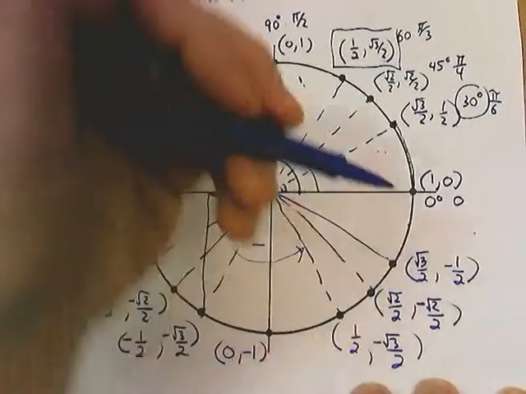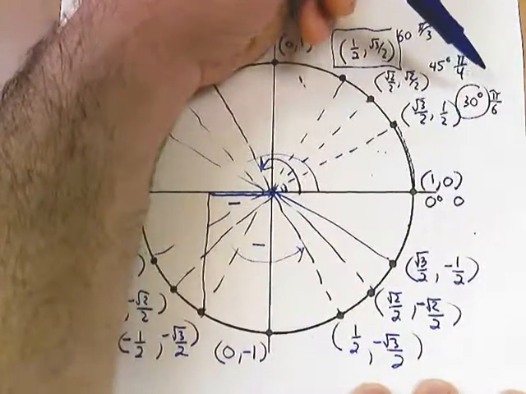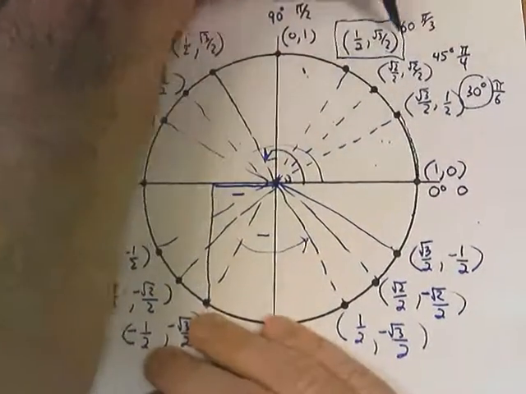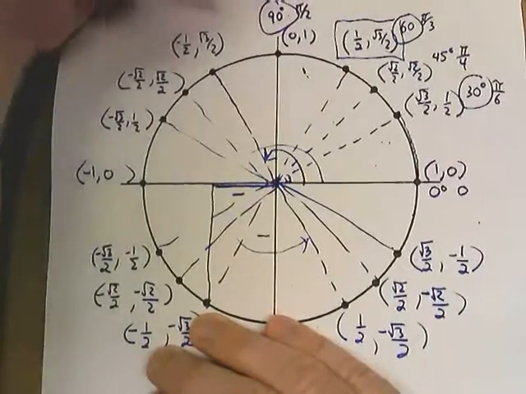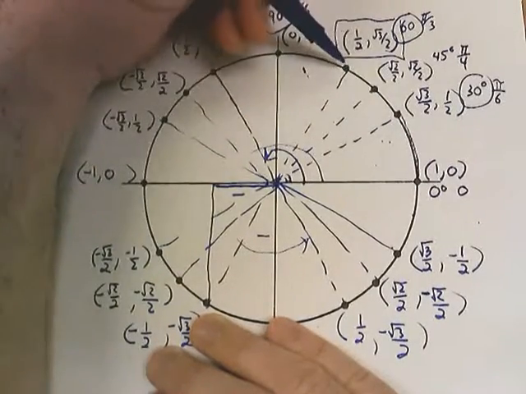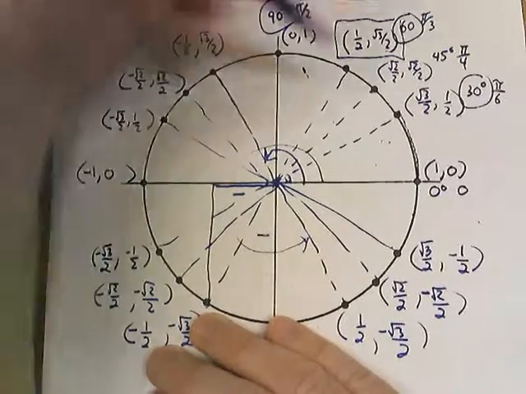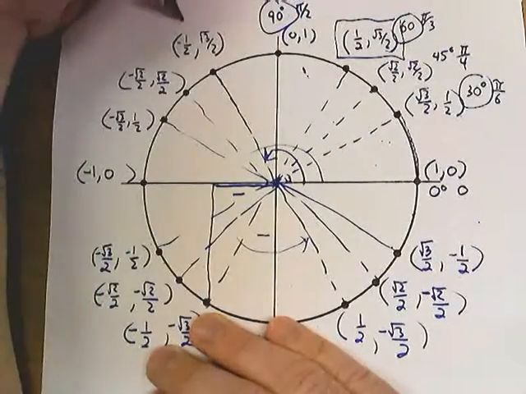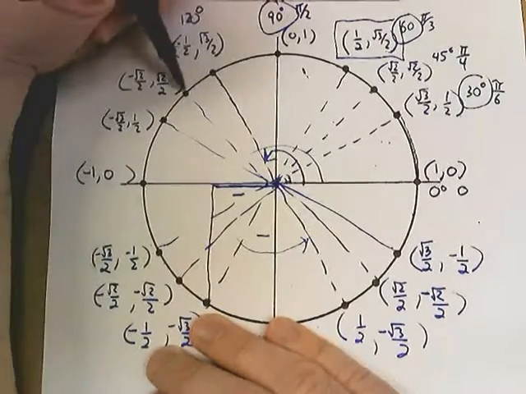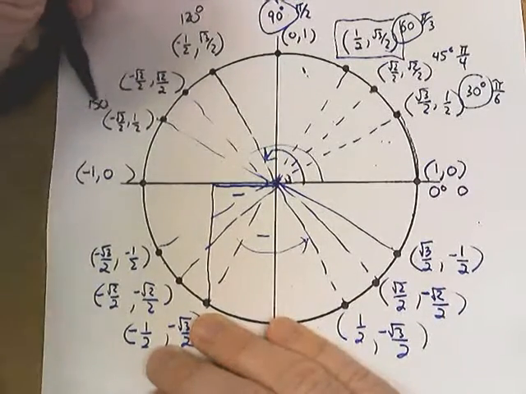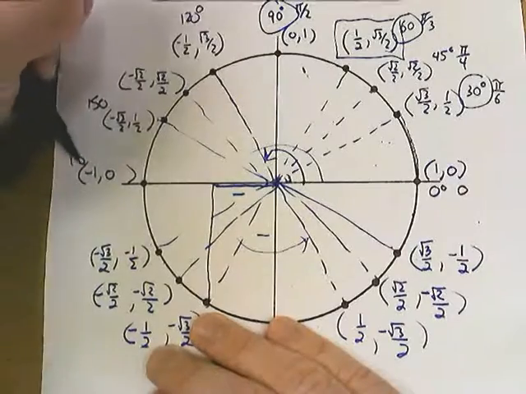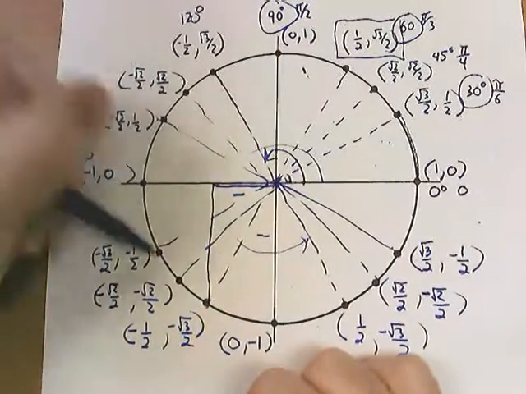So look at 30. So 30, 60, 90. Every 30 degrees, you basically hop the one in the middle. The ones in the middle are usually the 45s. So 30, 60, 90, 120. Hop over this one in the middle, 150, 180, 210.